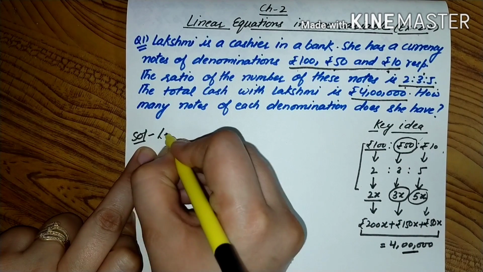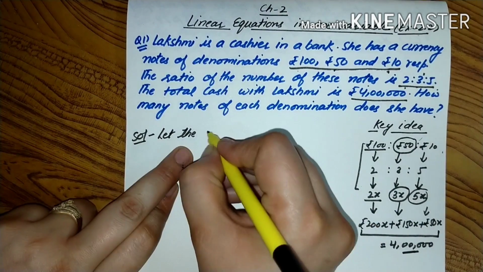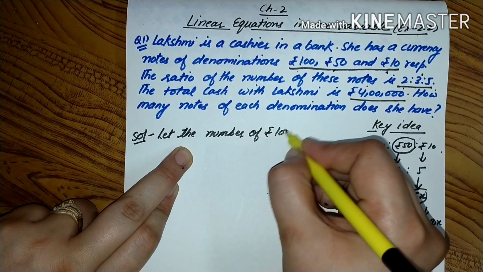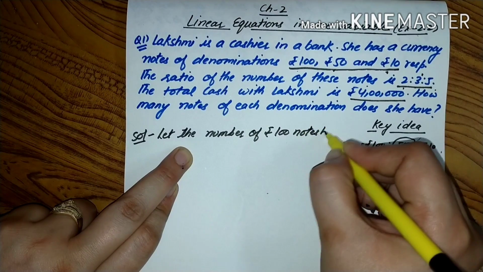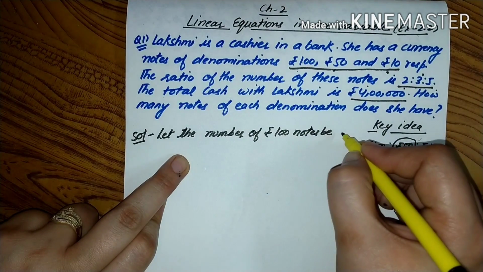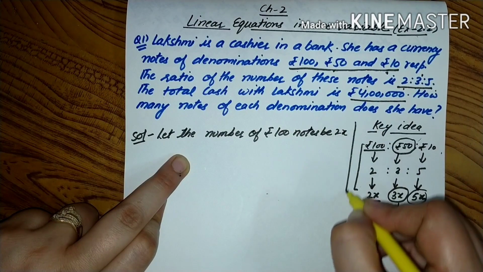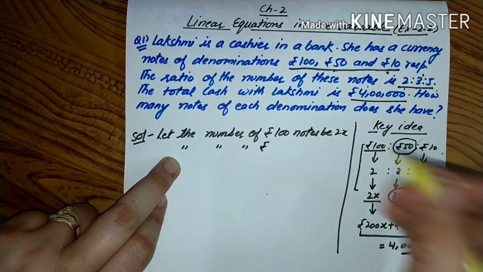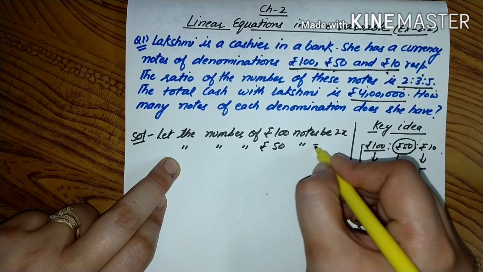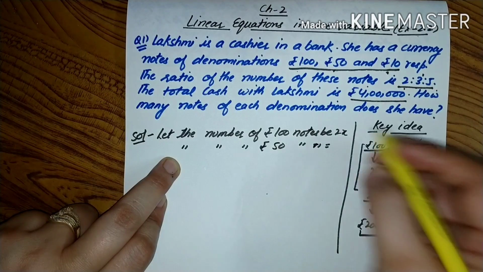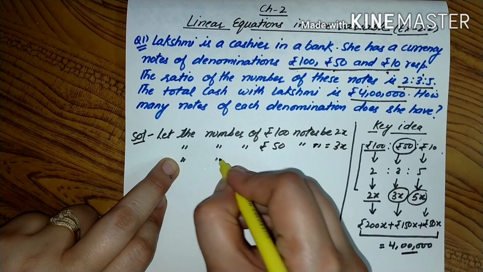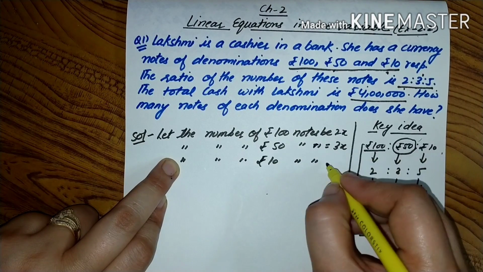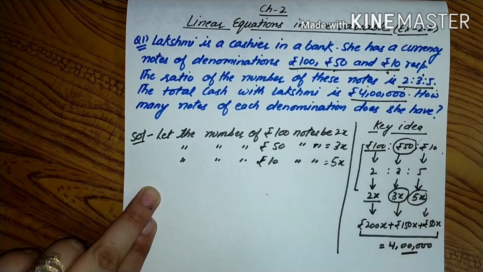So we will write, let the number of rupee 100 notes be 2x, the number of rupee 50 notes be 3x, and the number of rupee 10 notes be 5x.